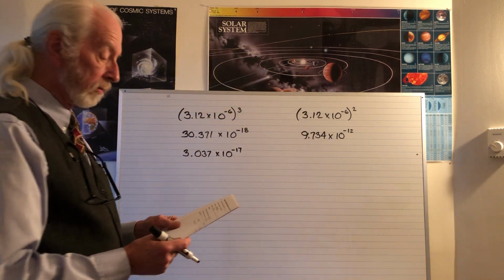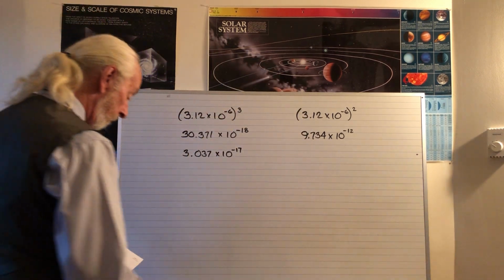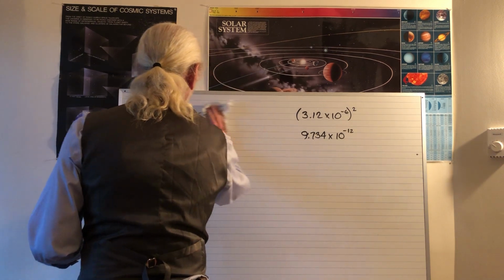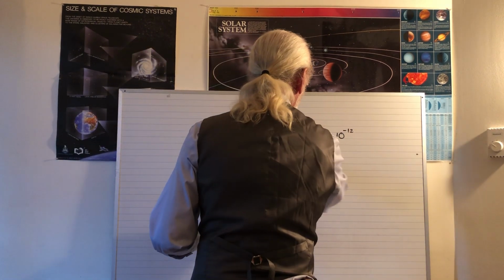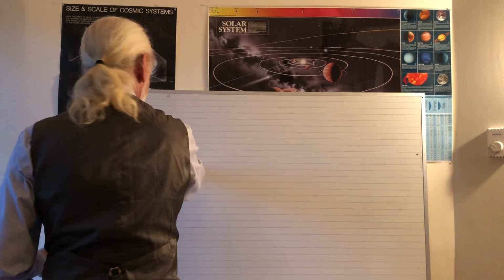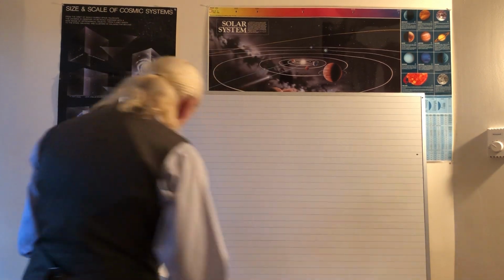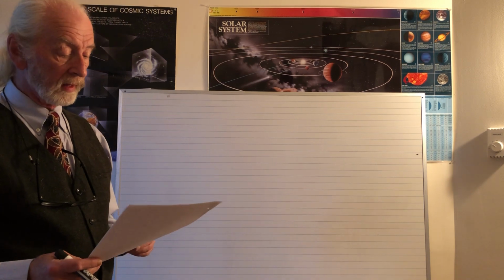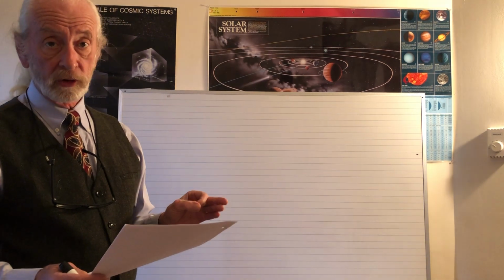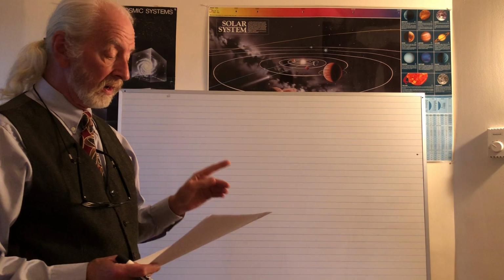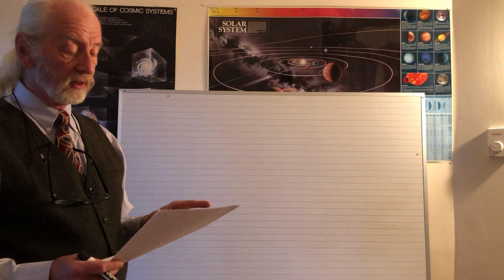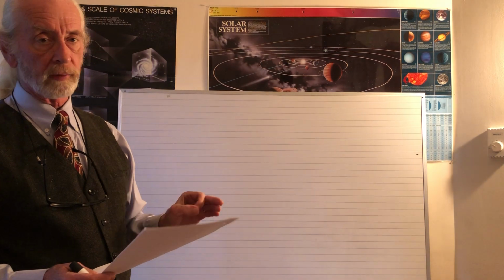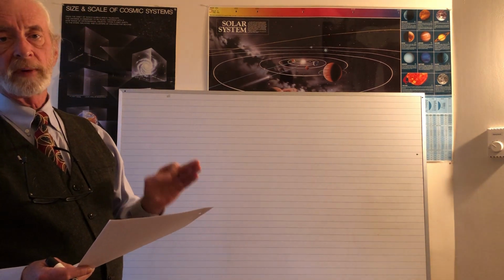Square roots and cube roots. This is page 21. These are all operations you're going to need to be able to do in this course. Okay, critical rules for square roots and cube roots. And we're going to cheat a little bit on this one. Exponents must be divisible by 2 or 3, depending. If you're going to do a square root, the exponent has to be divisible by 2.